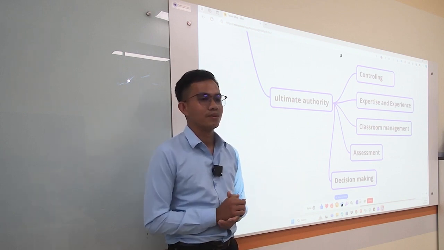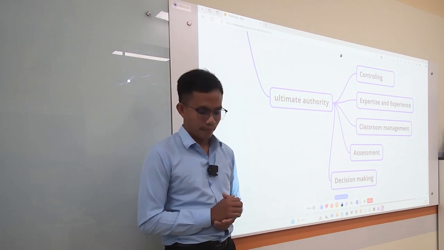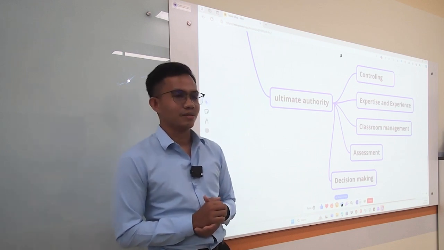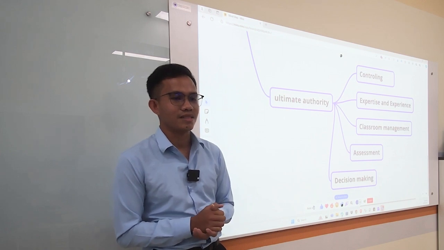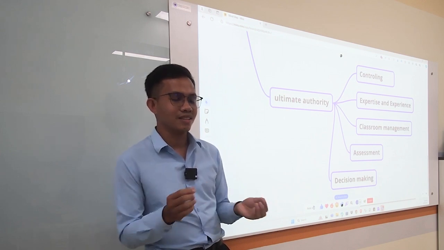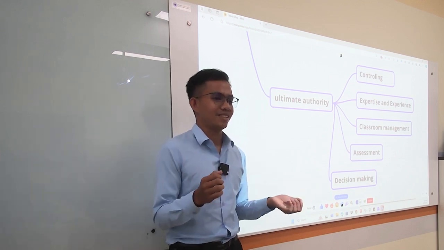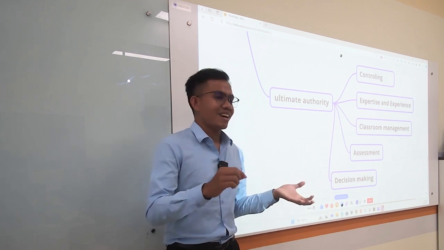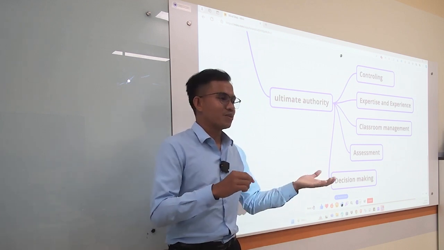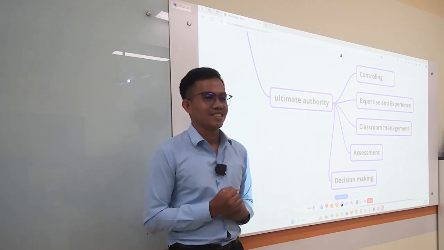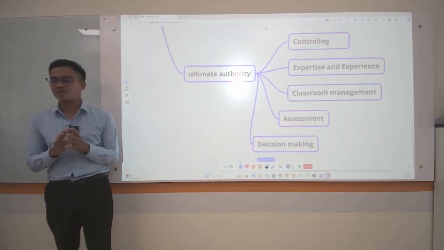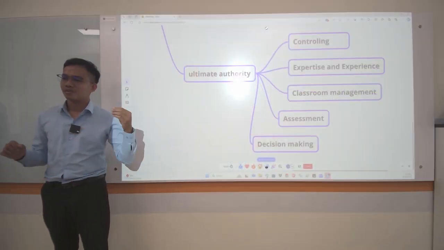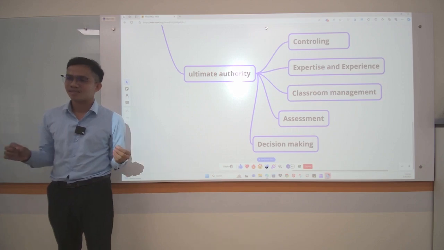For example, if the teacher gives one or two exercises, the students need to follow the teacher. The teacher decides to give two exercises only. So the teacher will use his power to make decisions for the students.